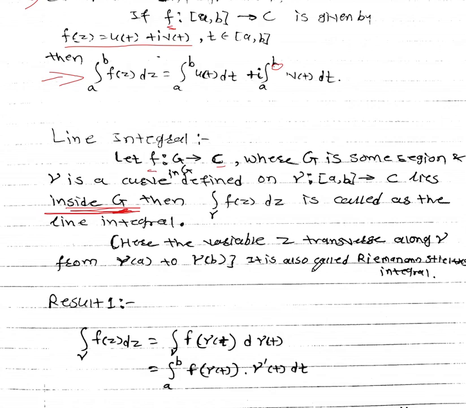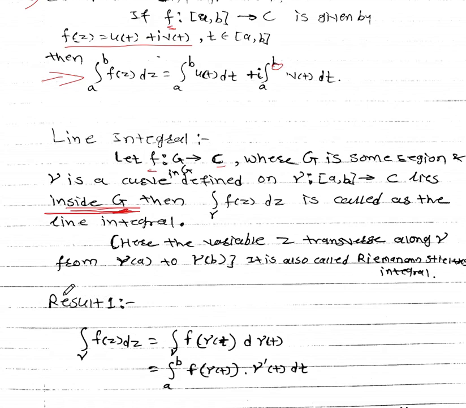Here the variable z travels along the curve gamma from gamma(a) to gamma(b). It is also called a Riemann-Stieltjes integral. We have already seen the definition of gamma(t), where gamma(a) and gamma(b) are the initial and terminal points.